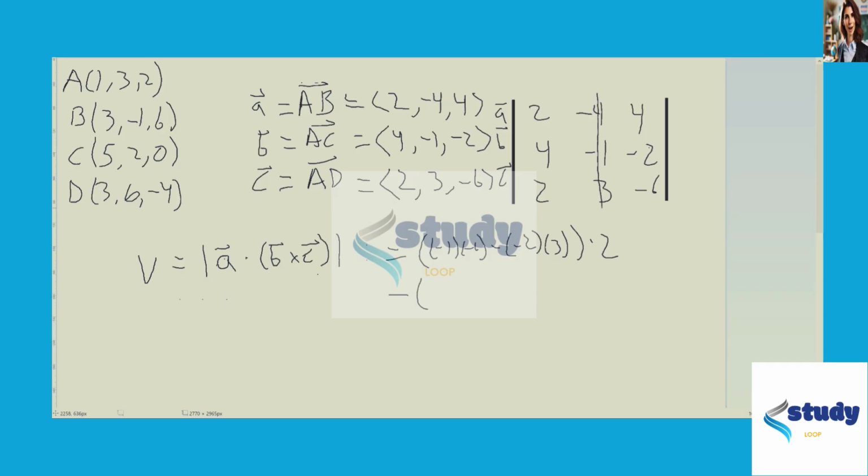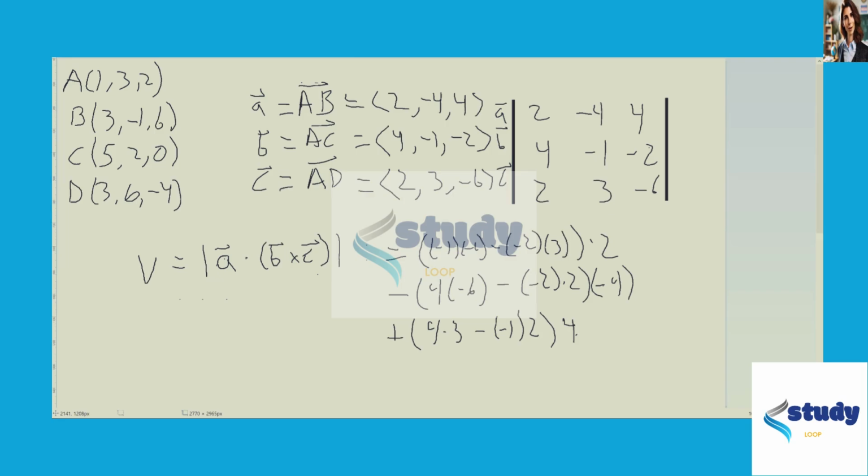Minus, then we ignore our second column, 4 times negative 6 minus negative 2 times 2, and instead of being multiplied by j, we're multiplying by minus 4, plus, and then we ignore our third column, 4 times 3 minus negative 1 times 2, all multiplied by 4.